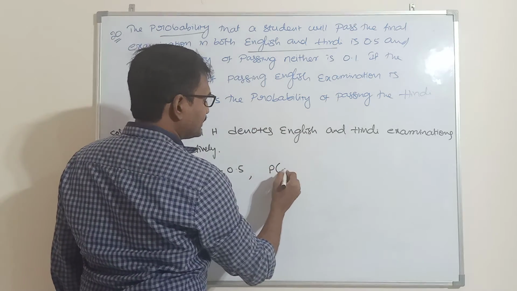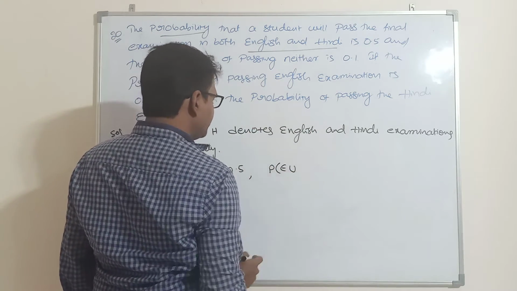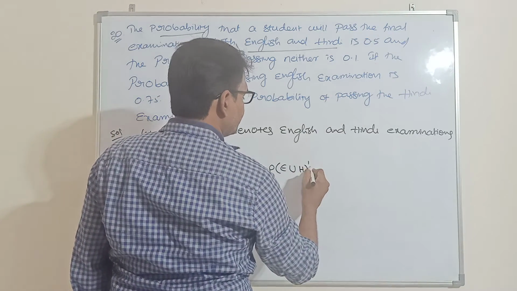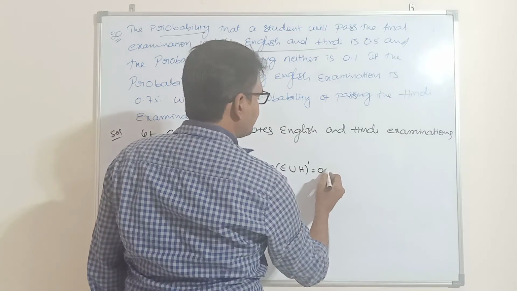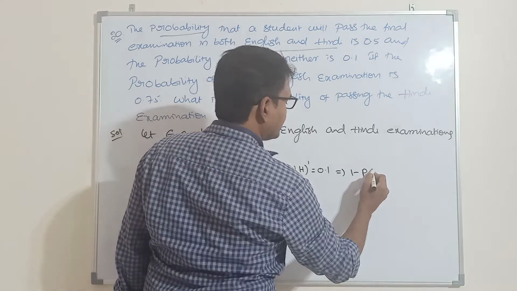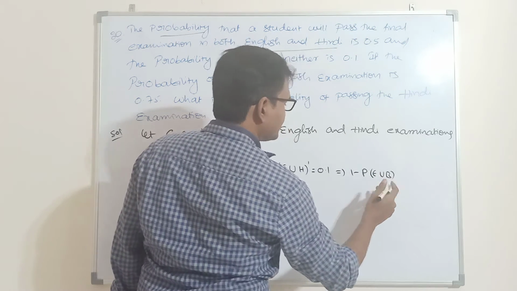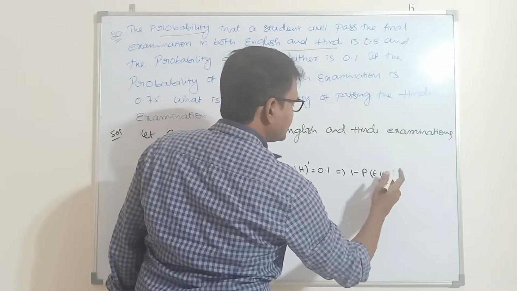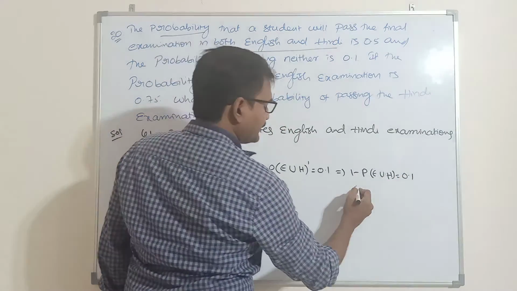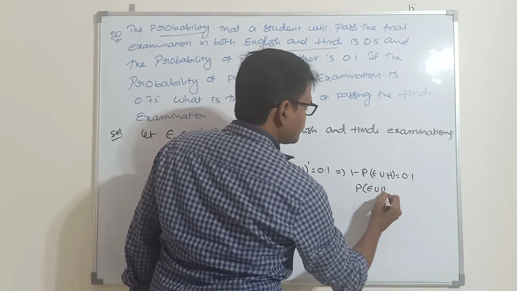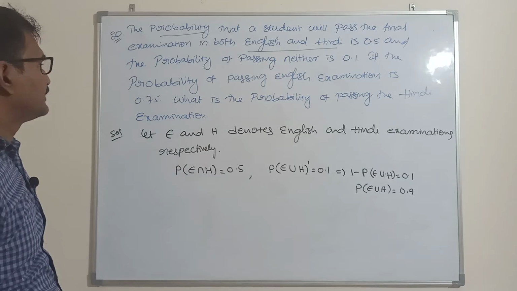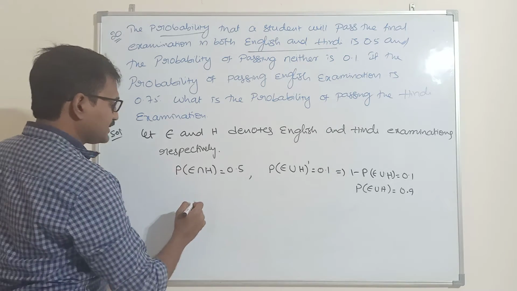Probability of passing neither means E union H whole complement is equal to 0.1. That means 1 minus P of E union H is equal to 0.1. So P of E union H is equal to 0.9.